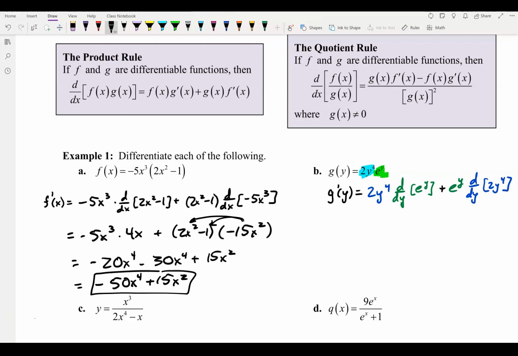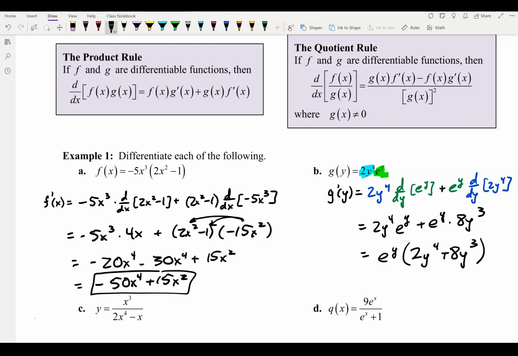And I'm going to ditch the colors here now. We've got 2y to the fourth, derivative of e to the something is e to the same thing, right? Plus e to the y, and then taking the derivative of blue and back there, we're going to get times 8y to the third. You'll notice you could factor out an e to the y, which, I don't know, maybe it looks a little bit better this way: 2y to the fourth plus 8y to the third.